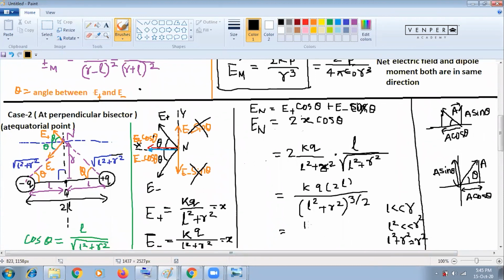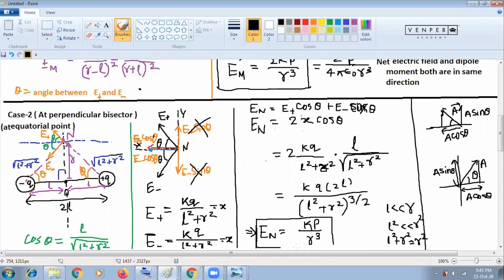So now you can write here K into P, only K P divided by R to the power how much? Now here I am writing R square, and 3 by 2 is there, so it will become only 3. So Kp by R cube. The magnitude of electric field at N is coming Kp by R cube.